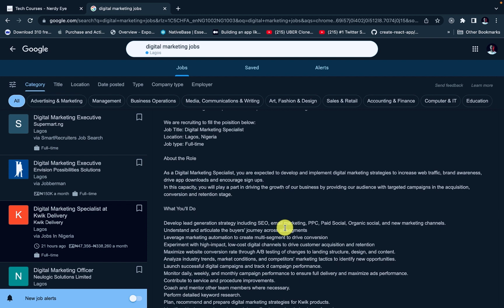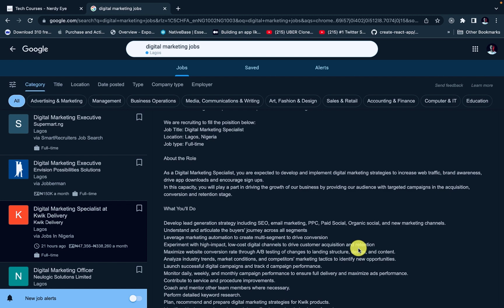Understand and articulate the buyer's journey across all segments. Leverage marketing automation to create multi-segment campaigns to drive conversion. Experiment with high-impact, low-cost digital channels to drive customer acquisition and retention, right?